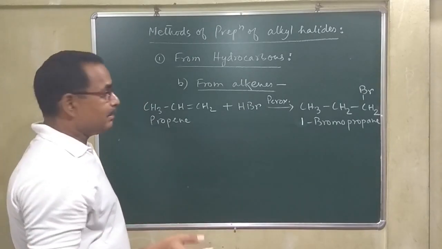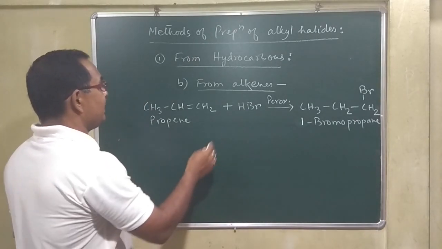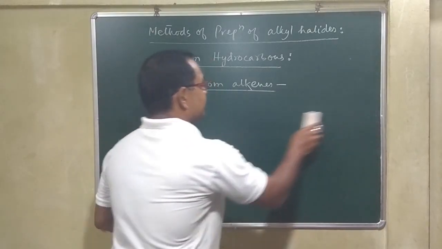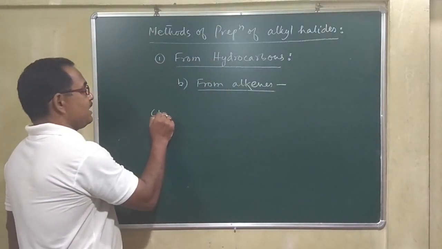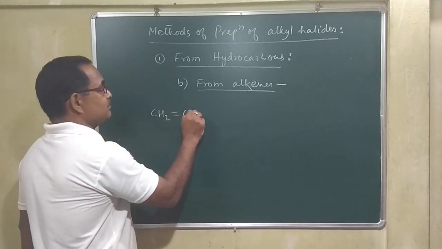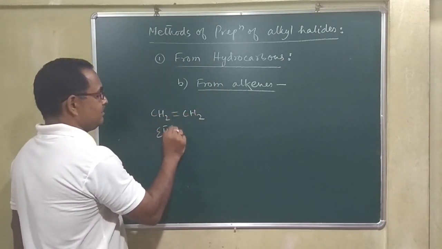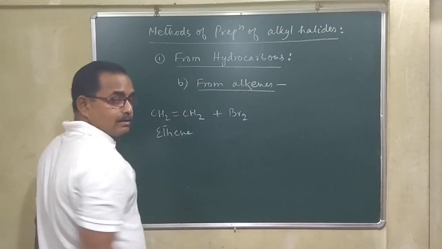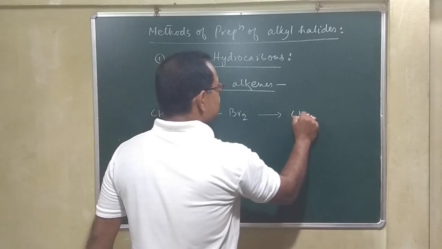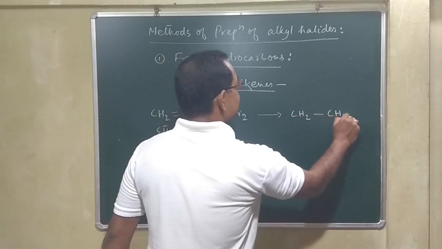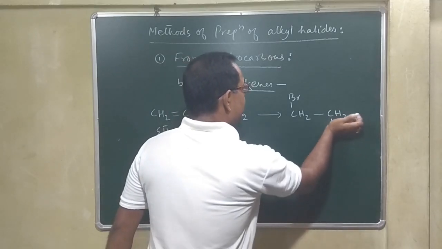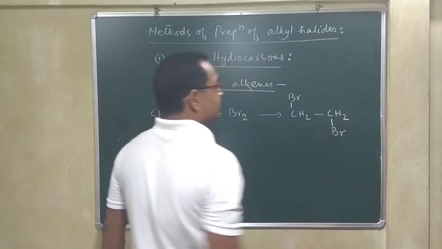We may have dihaloalkanes from alkenes. See, CH2=CH2. This is ethene. When you add bromine, you will get CH2CH2, a bromine will be entered here, the other bromine will be here.